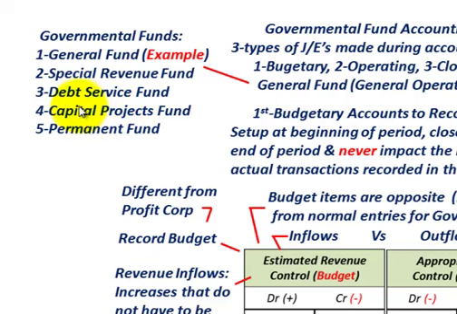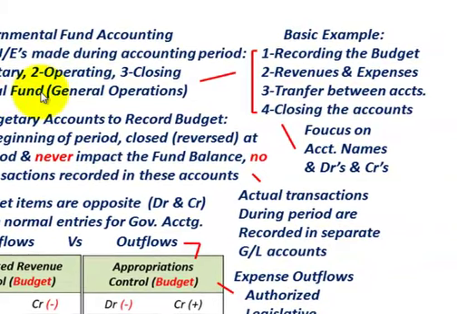That's where you're investing in long-term assets, like maybe a new library or a new fire station, and you account for it through the capital projects fund. And then you would have your permanent fund. This is where some money is being set aside by the municipality, being invested, and you're expecting a return on that investment.